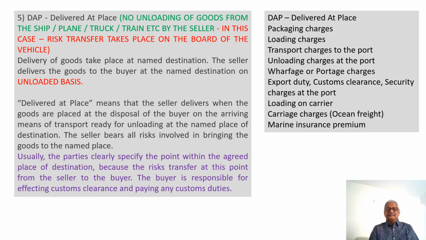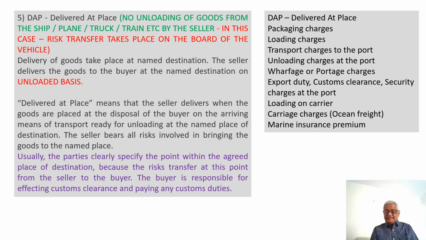The fifth one is DAP, delivered at place. Here, there is no unloading of goods from the ship or plane or truck or train etc. by the seller. In this case, risk transfer takes place on board of the vessel. Delivery of goods takes place at the named destination. The seller delivers the goods to the buyer at the named destination on an unloaded basis.